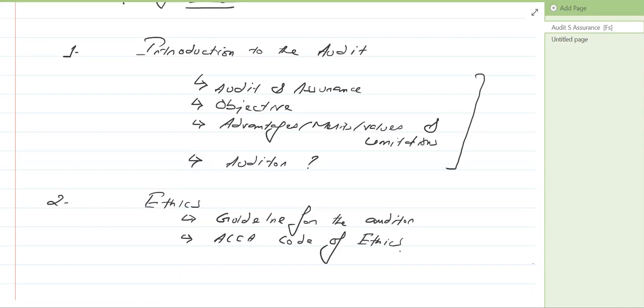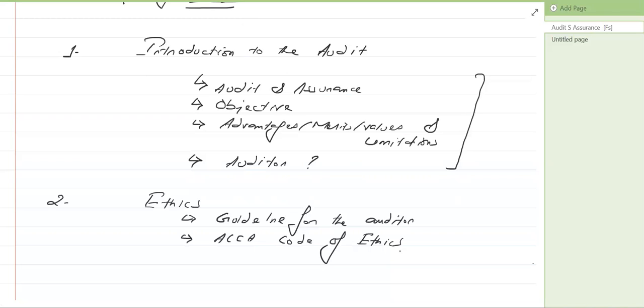So when you are doing the audit of the client, there are many situations which may be perceived as a dilemma. Now, dilemma is a situation where you are confused regarding the right course of action. So ACCA has made the life of the auditor easier by explaining all those situations in their ACCA Code of Ethics in advance.